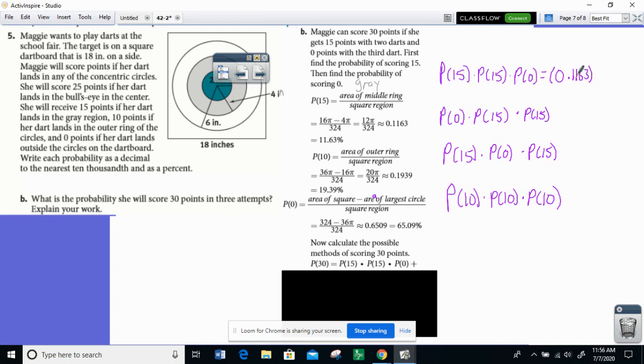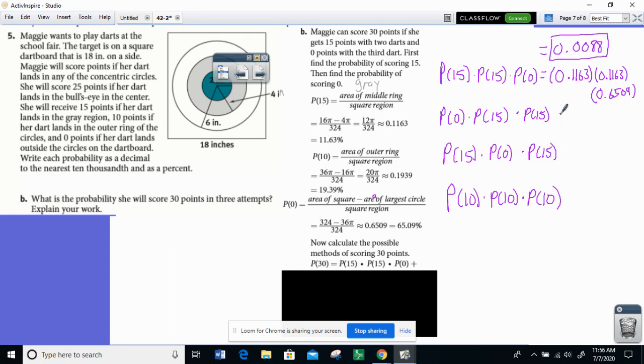That would be the probability of getting 15 times the probability of getting another 15 times the probability of getting 0, which is 0.6509. So let's multiply those together and see what we come up with. 0.1163 times 0.1163 times 0.6509 comes out to be 0.0088.